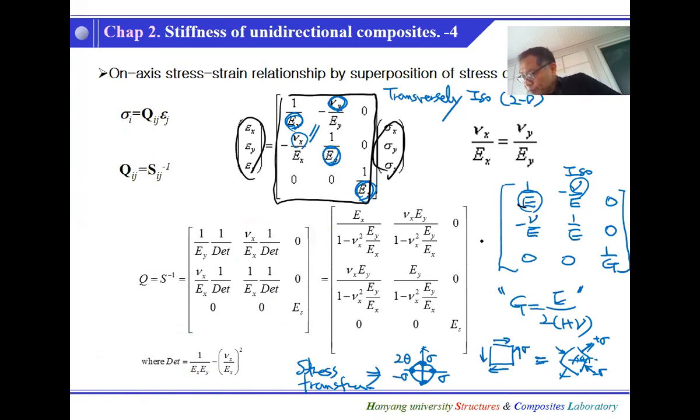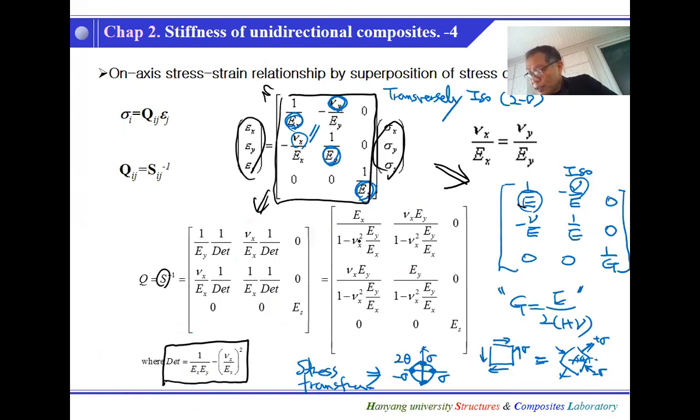Okay, so for the isotropic material, this would become like that, and the inverse of this, okay, this is S, and the inverse will be like that. The determinant, by the way, is a little bit complicated. Well, we don't need to remember, but in terms of just a symbol, this will be like that.